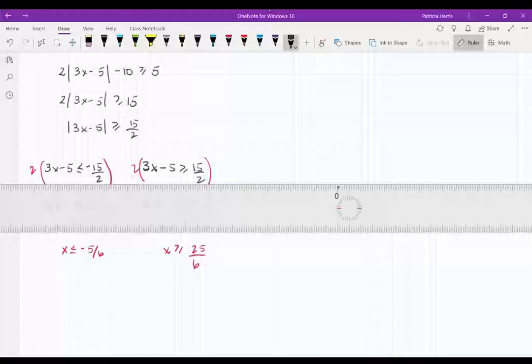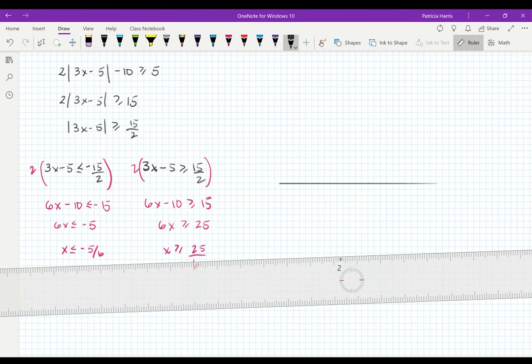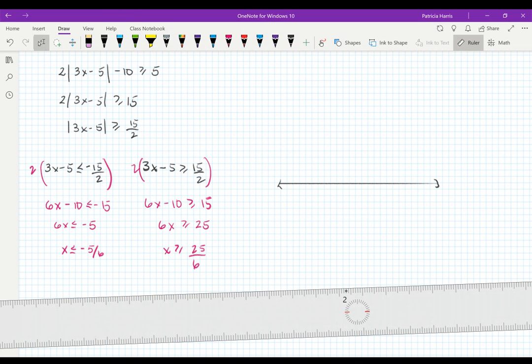Here we go. Let's graph. Negative 5/6 is going to be on the left-hand side of 0, and 25 over 6 will be on the right-hand side of 0. Closed dot to the left because it's less than.